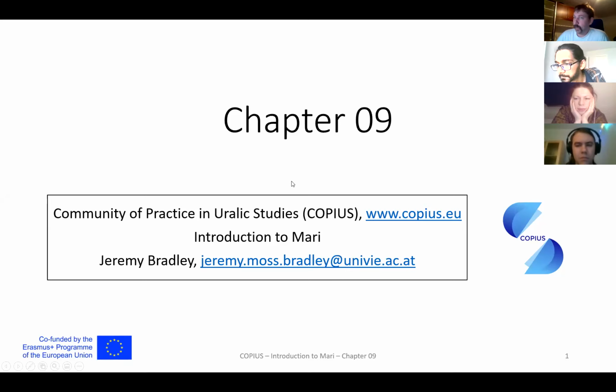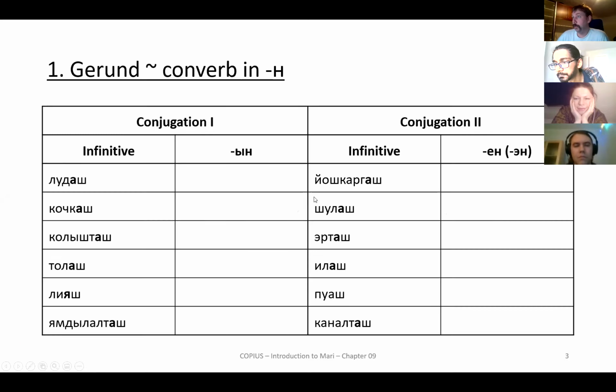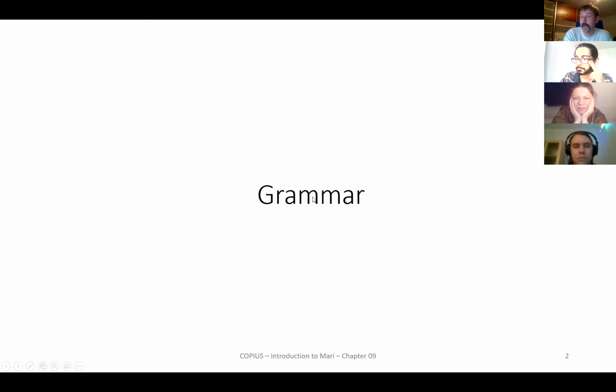Okay, and we're going to start with the verbal paradigm, looking now at our first converb or gerund. These two terms, converb and gerund, you can consider roughly equivalent to one another.